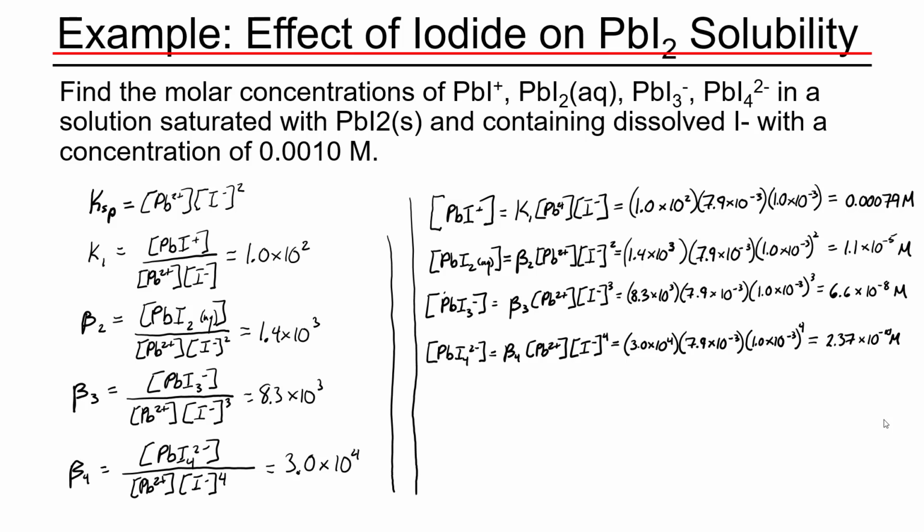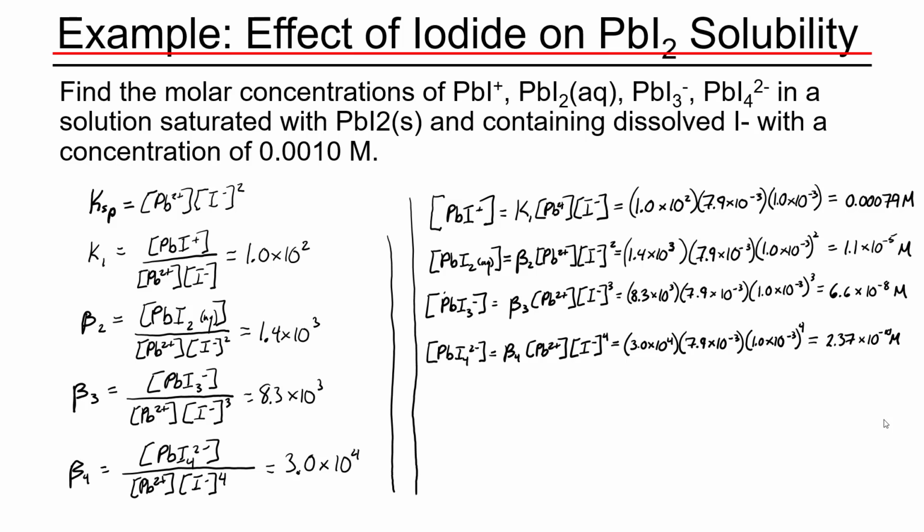Big picture though, what I wanted you to take away from this conceptually, chemistry-wise, is a reminder that when we evaluate a Ksp, the Ksp is only part of the whole equilibrium picture that describes an ionic compound's solubility in water.